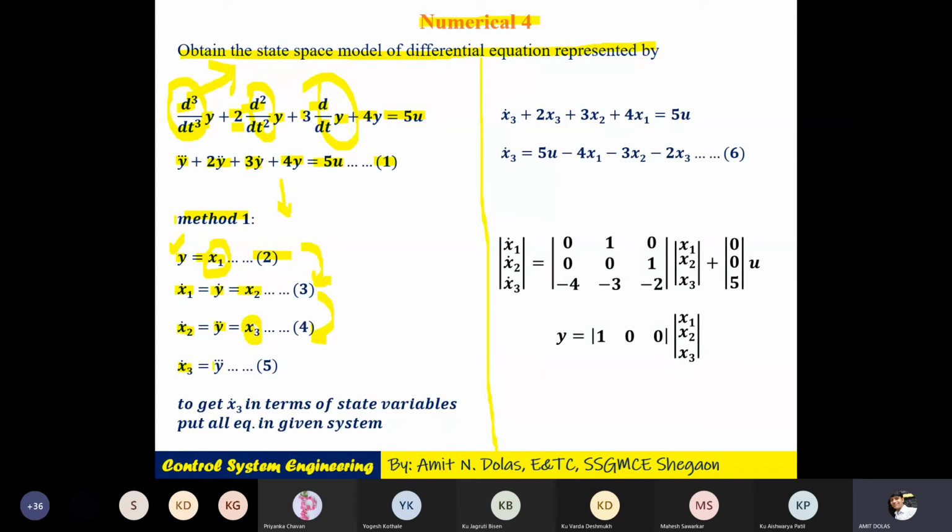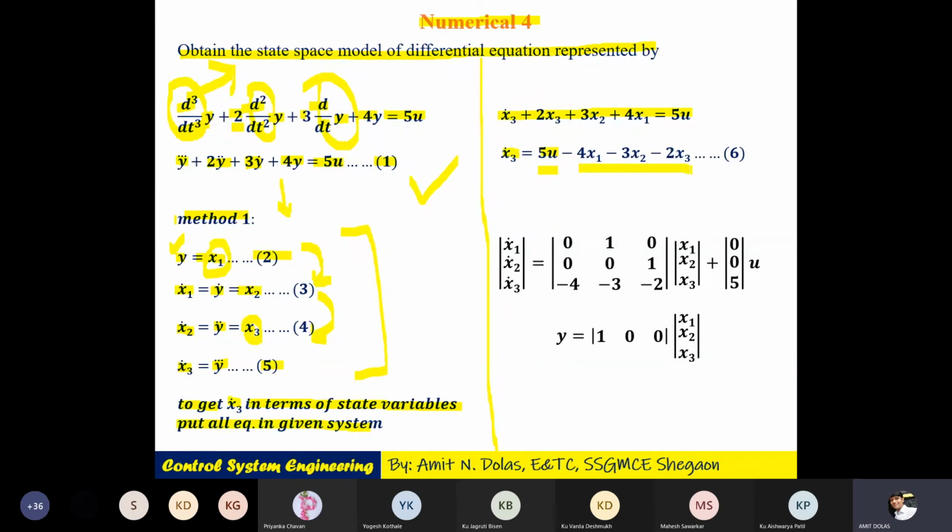Of course उसे भी derivate करना पड़े, will be equal to y3 dot is nothing but d cube by dt cube of y. Once we get this, try to put this equations into the first and get in terms of x dot 3. ये third term के इस पे हम लाएंगे इसको. So putting all the values here, I get x dot 3 is equal to 5u.